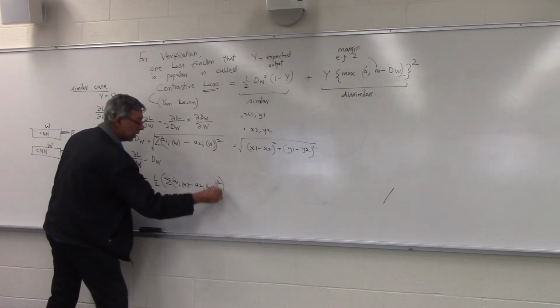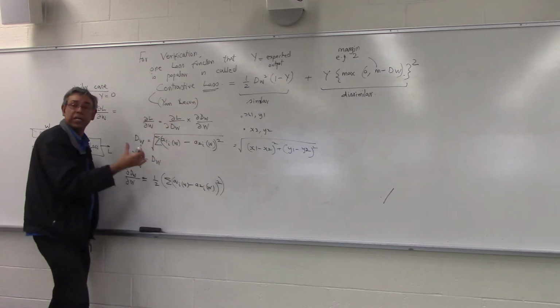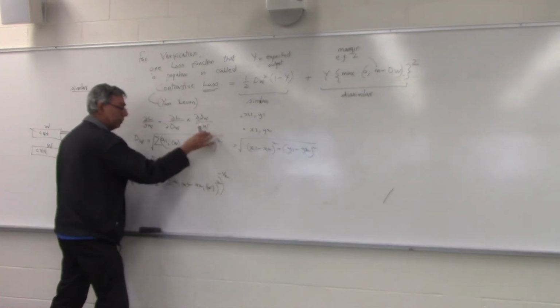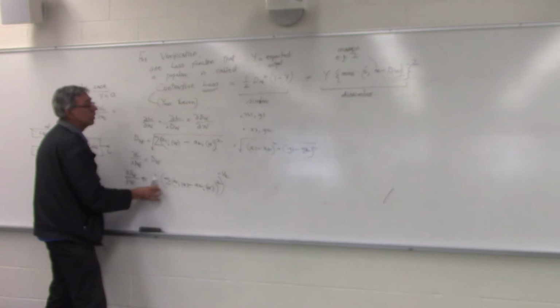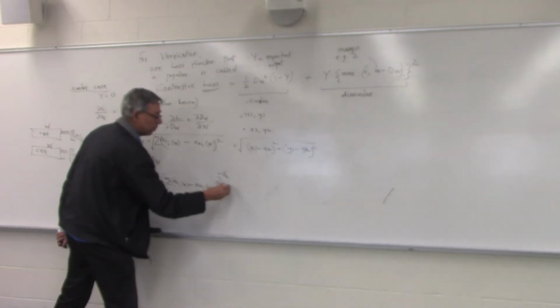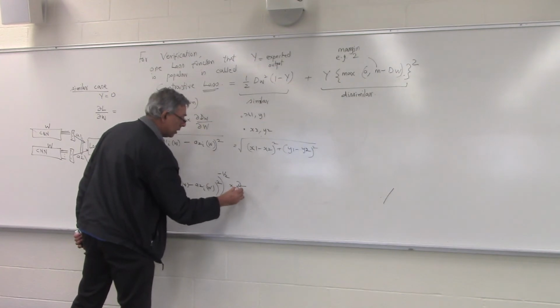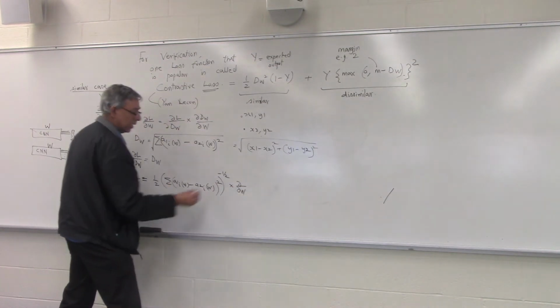Then the whole thing, because square root is half, right? So this will be minus half. The half is what I brought over here. Then further multiplied by the derivative of the inside.